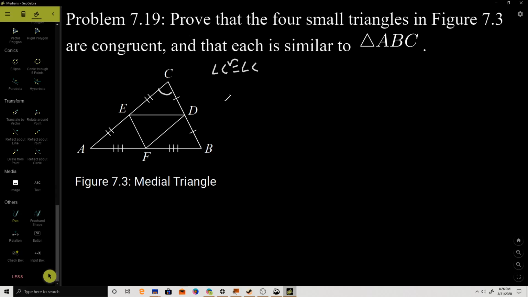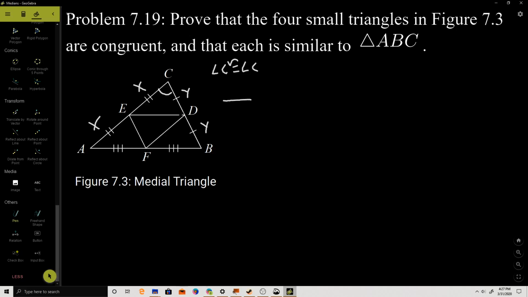Well, let's say CE has a length of x. And that means AE has a length of x. And then let's say CD has a length of y. And then DB must also have a length of y.